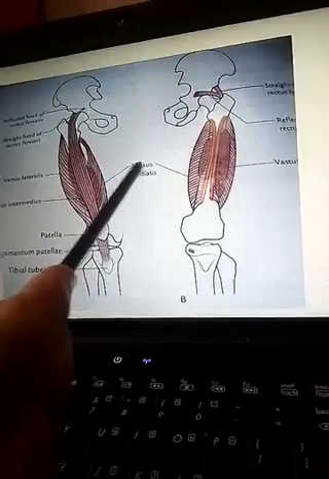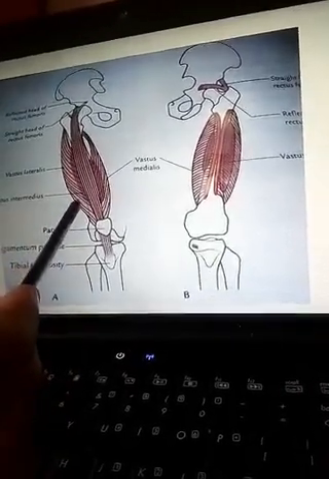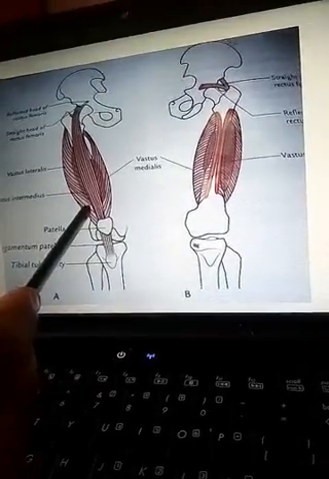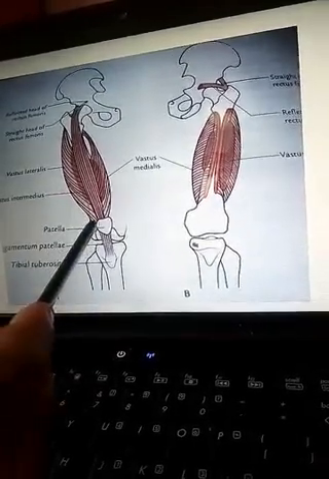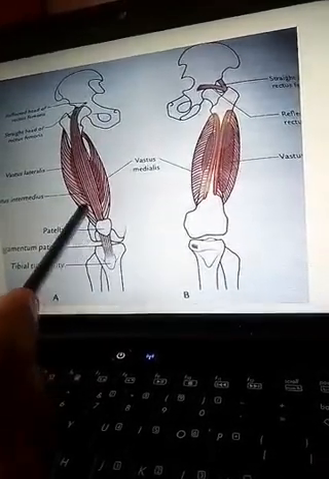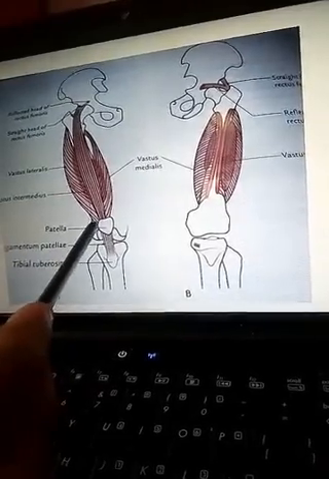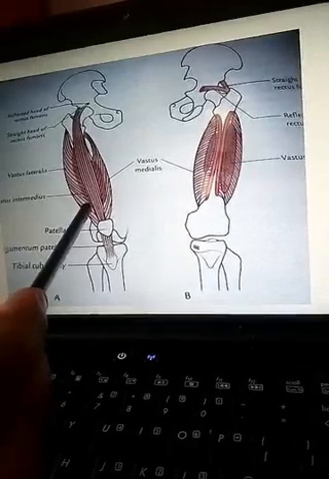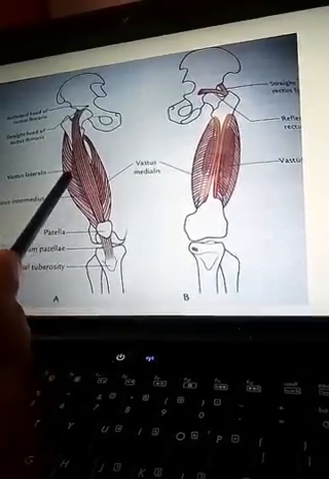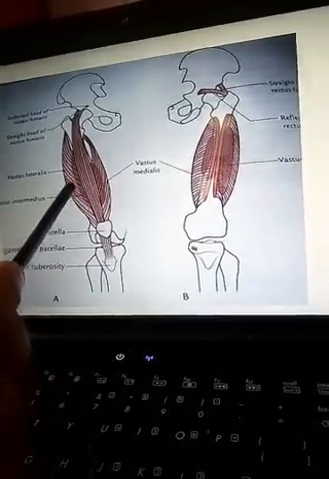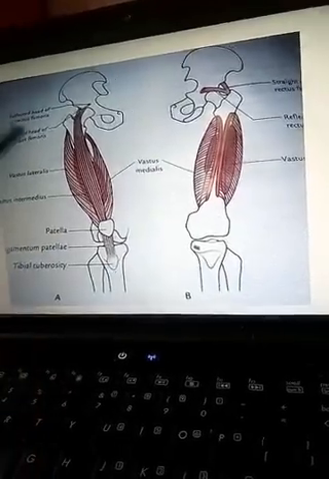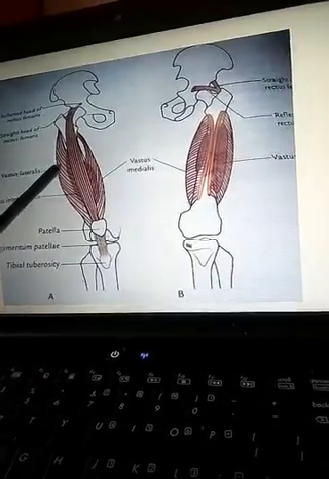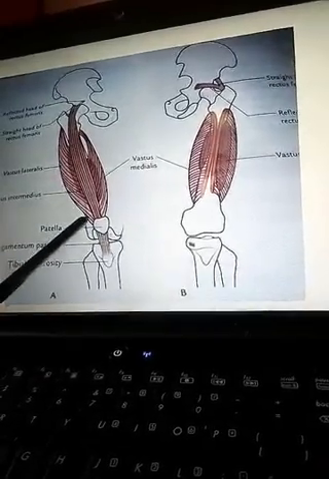It is inserted by a broad aponeurosis into the tendon of the rectus femoris, lateral part of the base of the patella, upper one-third of the lateral border of the patella. Nerve supply, it is supplied by the posterior division of the femoral nerve. Now actions, this vastus lateralis helps in the extension of the knee.